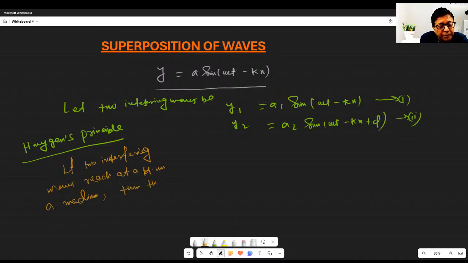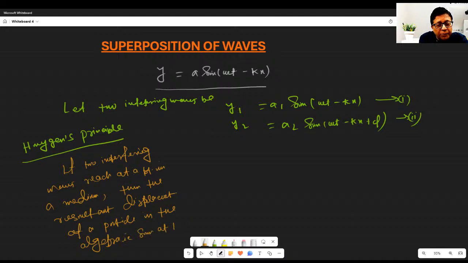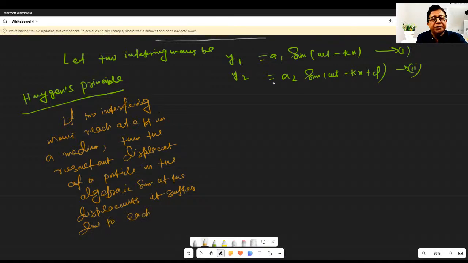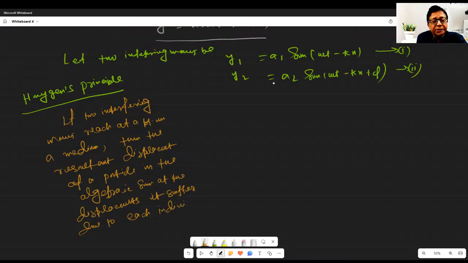then the resultant displacement of a particle is the algebraic sum of the displacements it suffered due to each individual wave.